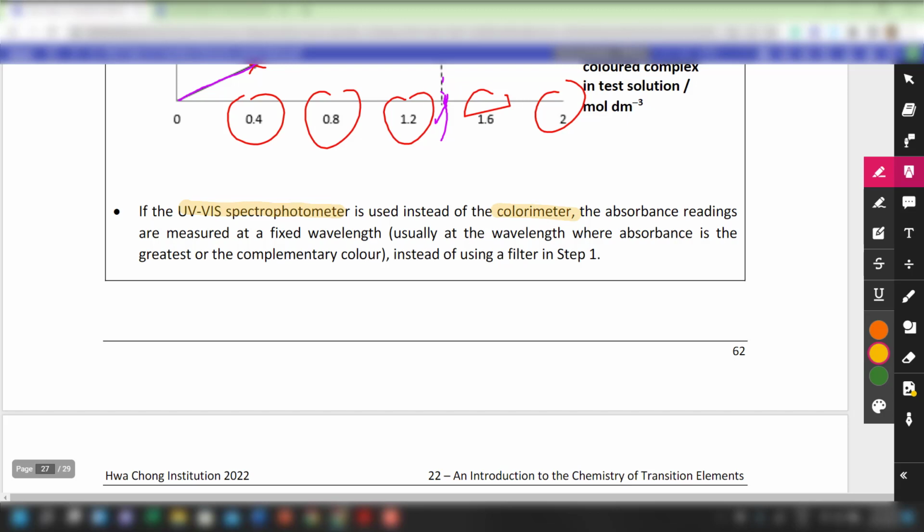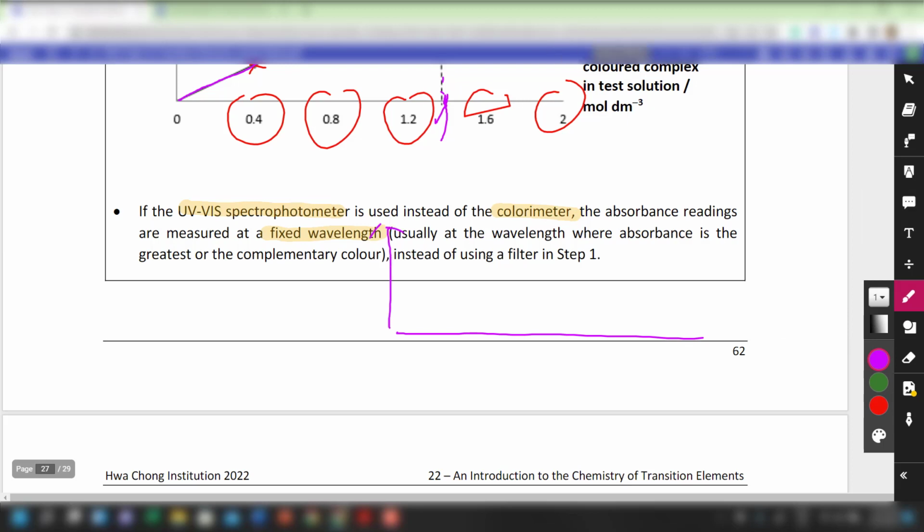For a UV spectrophotometer, you need to make sure that your absorbance reading is measured at a fixed wavelength. The reason is that normally for absorbance, let's say I'm going to draw a graph out. It will absorb over a range.